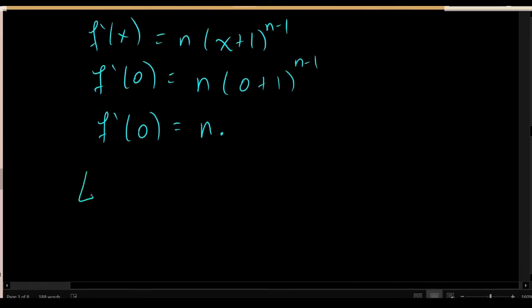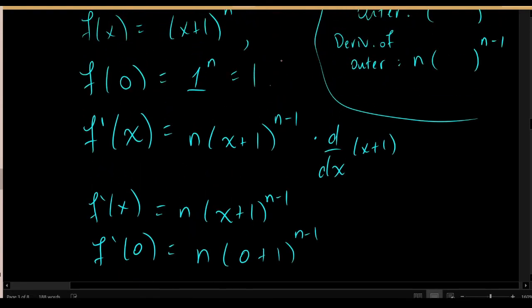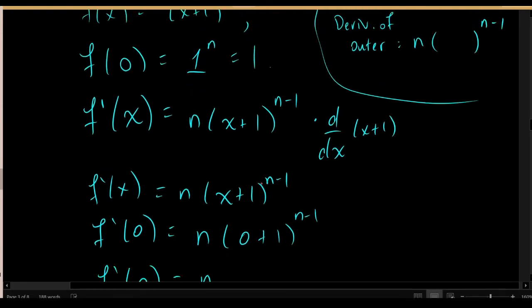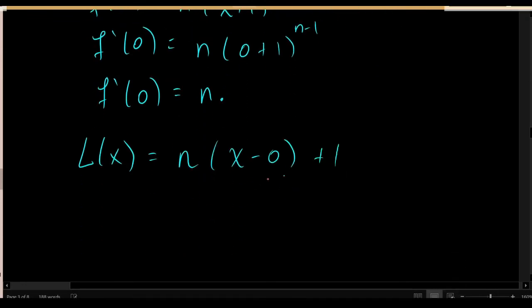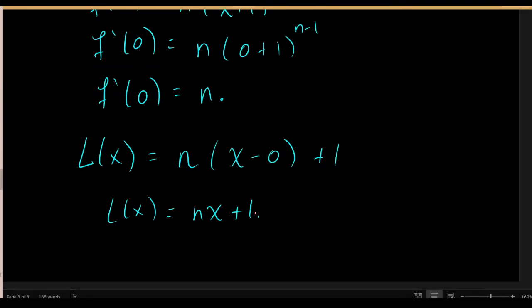So the linear approximation at x equals 0 would be given by the derivative at 0, which is the currently unknown number n, times x minus 0, and then the output of the original function at 0 was given by 1. If I simplify that, the linear approximation would be given by take the number called n, multiply it by x, and then add 1.